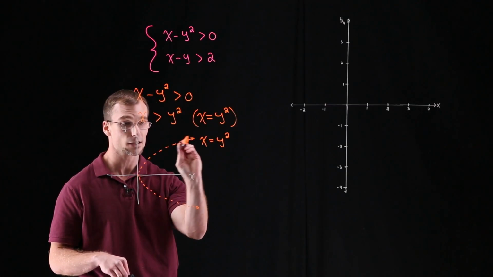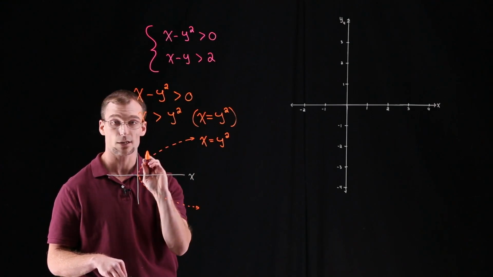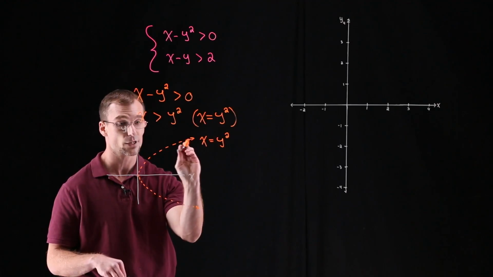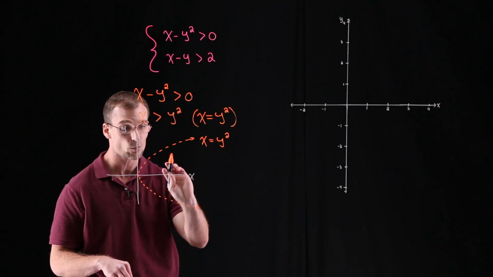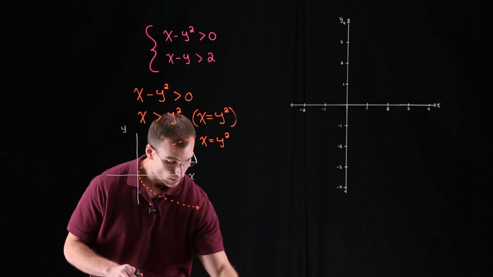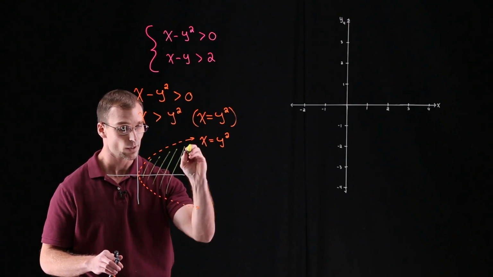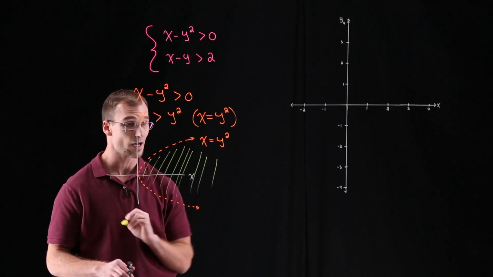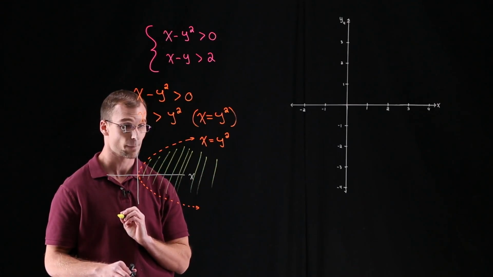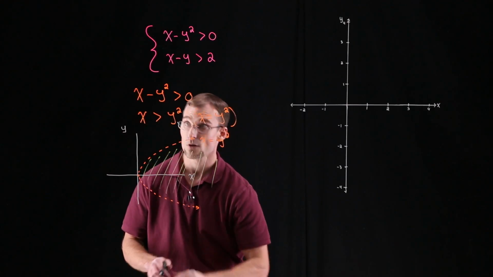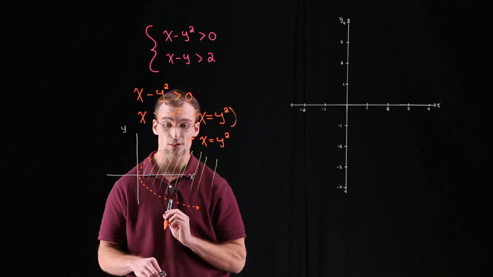We're using a dotted line because we have a strict inequality, so we're not including any points on this curve, just all points that will be greater. So our region is all points inside our parabola. That's the solution set to x minus y squared greater than 0.